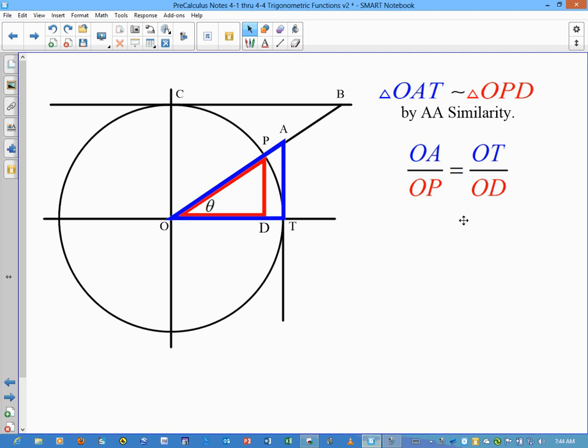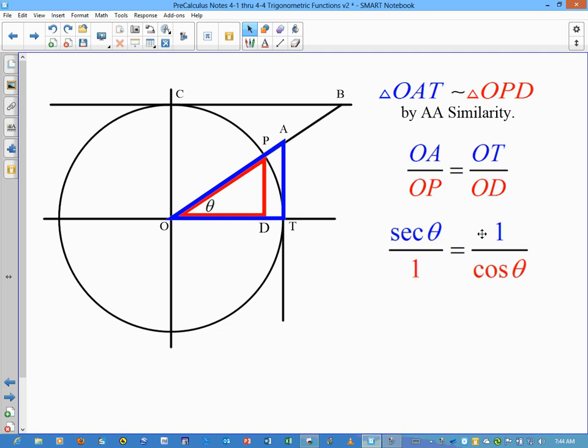And now we can do some substitutions using our definitions of sine, cosine, tangent, etc. We should notice that OA, from the center to where it touches the tangent point, is the secant of theta. Since we're talking about a unit circle, OP would be the radius, which is 1.